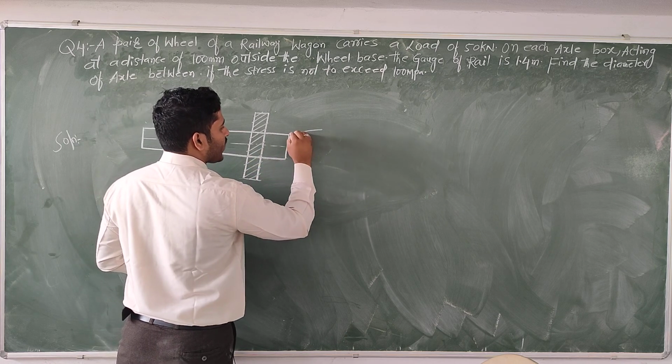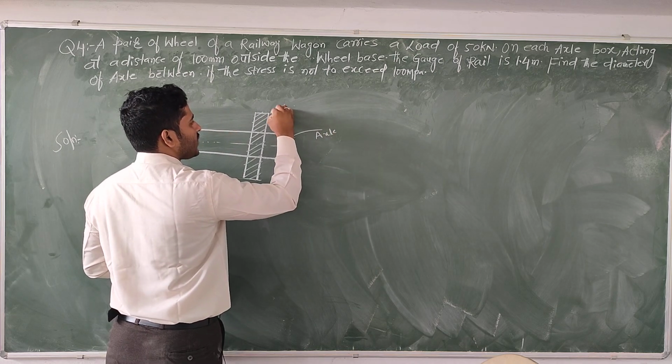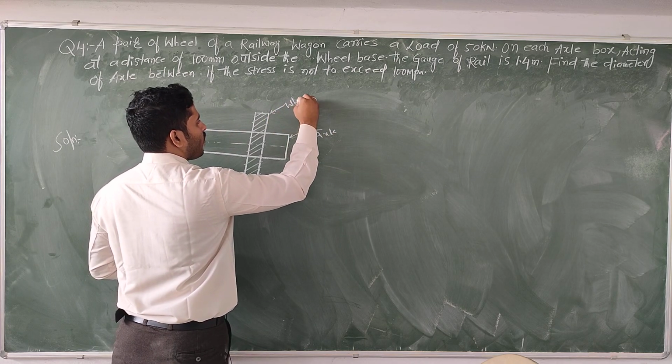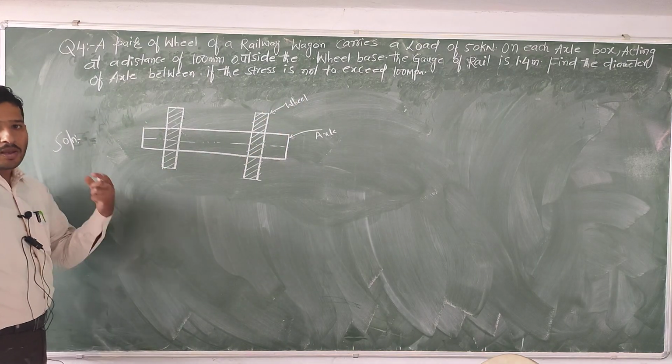So this one we can say as the axle and this one we can say as the pair of wheels, or the wheels of a railway bogie.